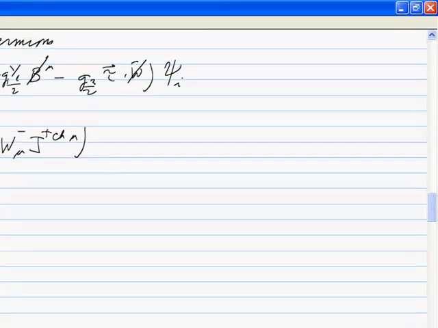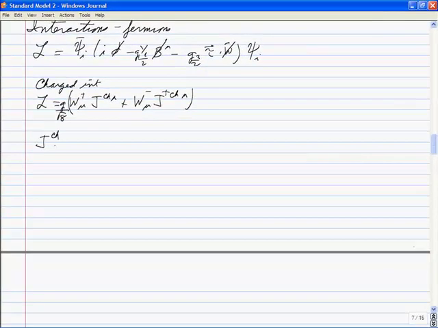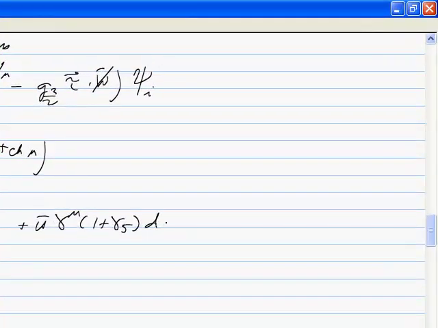And at this stage J charged is ν bar γ^μ (1 plus γ5). It's only the left pieces: e plus u bar γ^μ (1 plus γ5) d plus dot dot dot.